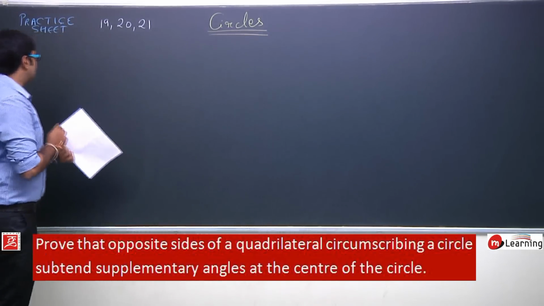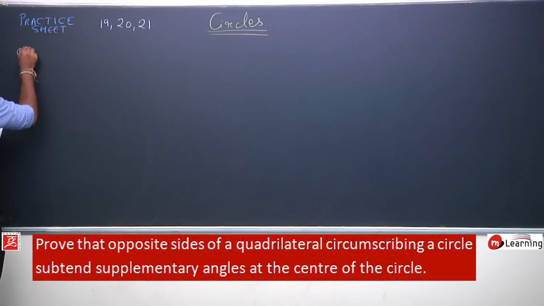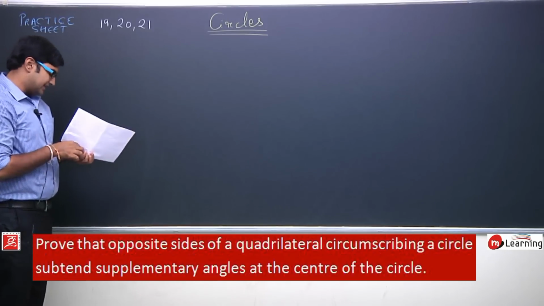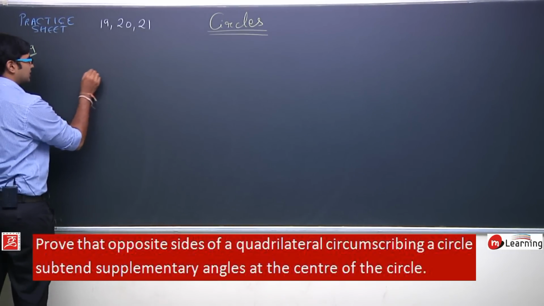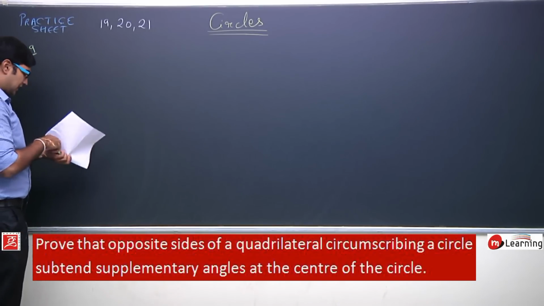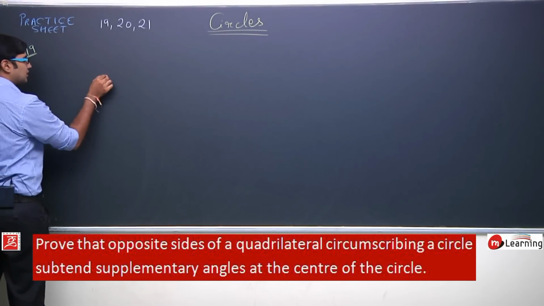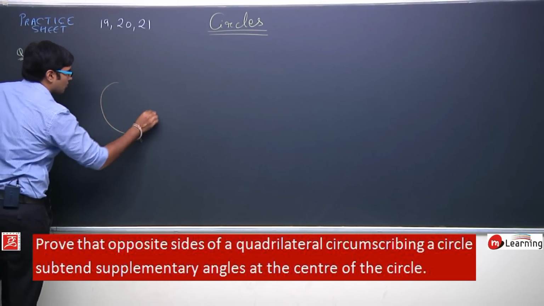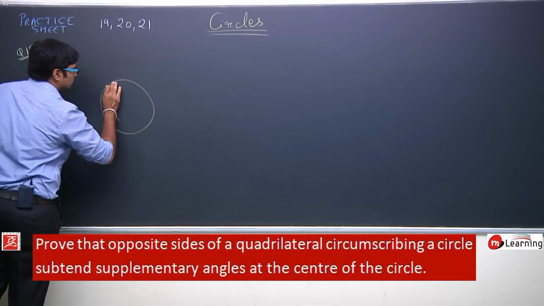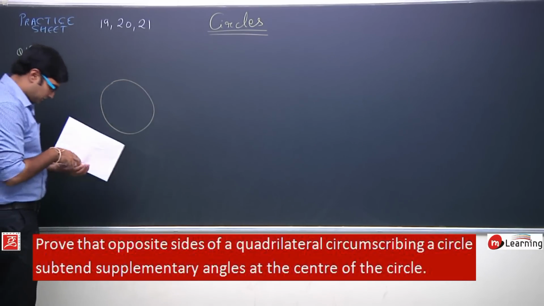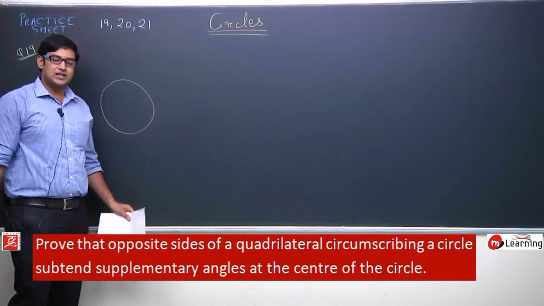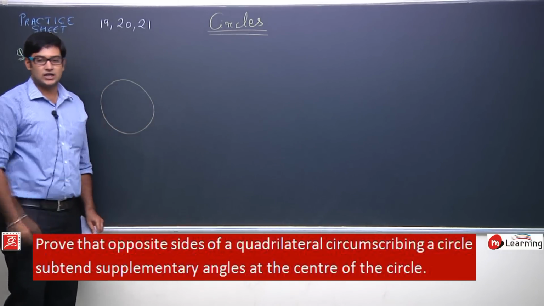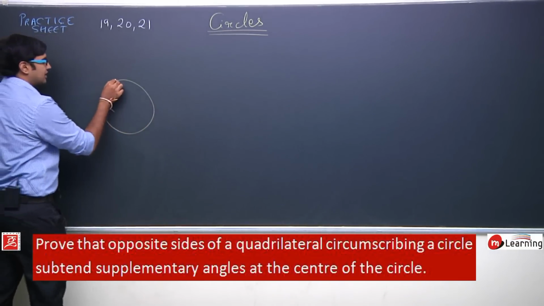So question number 19. Let us draw the diagram. It says there is a quadrilateral. So first let us draw a circle. So this might look like a circle. Now after this circle, let us draw a quadrilateral which circumscribes this circle. So how will you draw a quadrilateral?